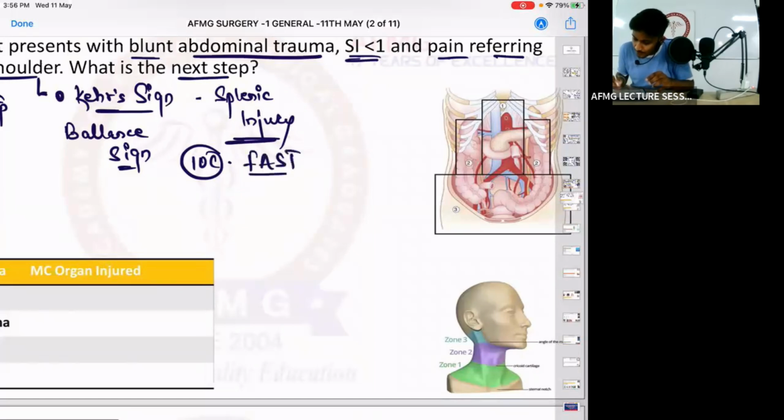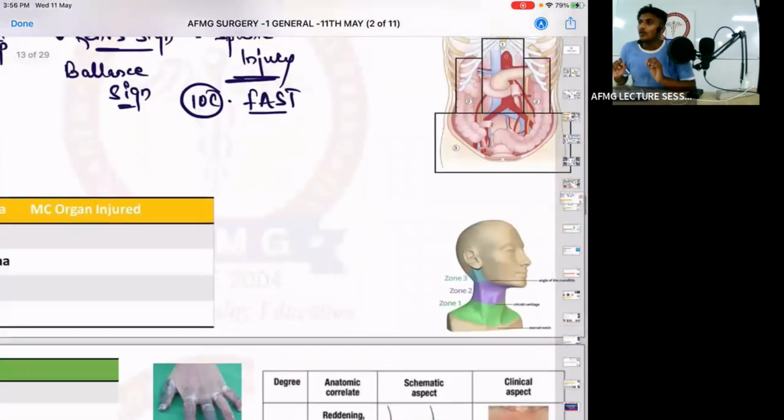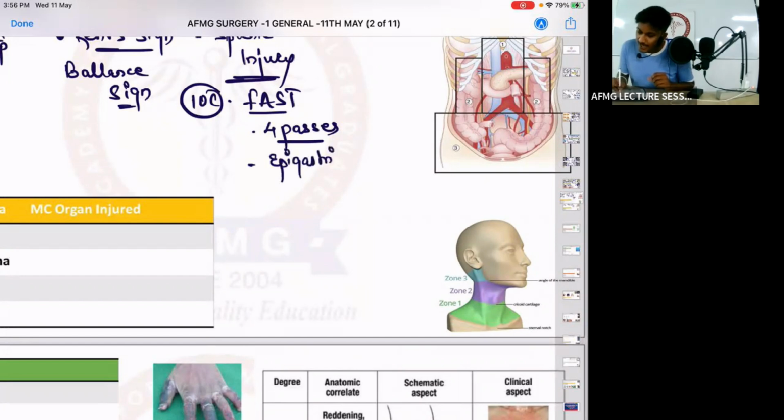What do we mean by FAST? Focused assessment by sonography in trauma. So ultrasound is done, and there are how many probes or how many passes? Which passes? जल्दी. First is the epigastric pass, and it is to look for the pericardial cavity, to look for any cardiac tamponade.